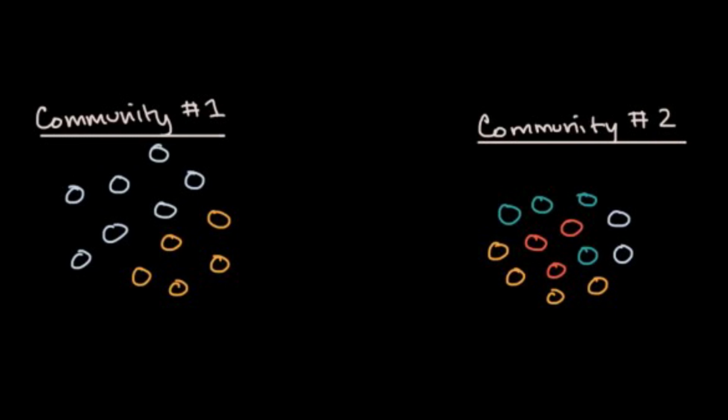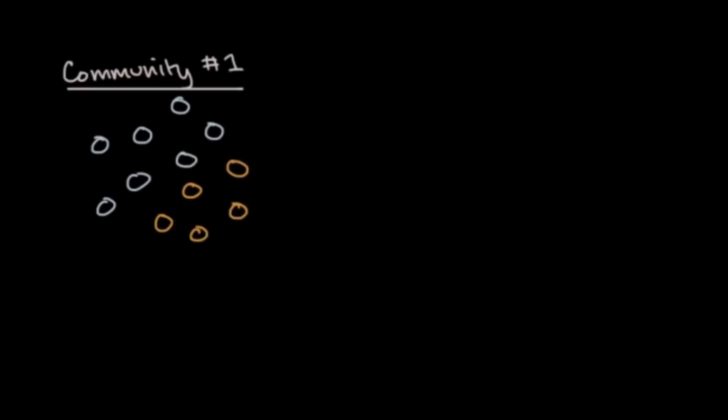In community 1, there are 2 types of species, while in community 2, there are 4 types of species. So how can we put all of this into the formula? Let's start with community number 1.